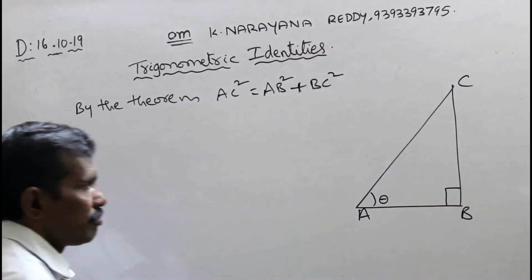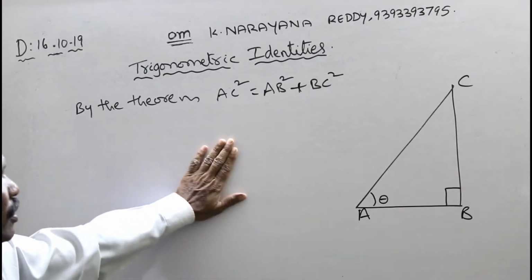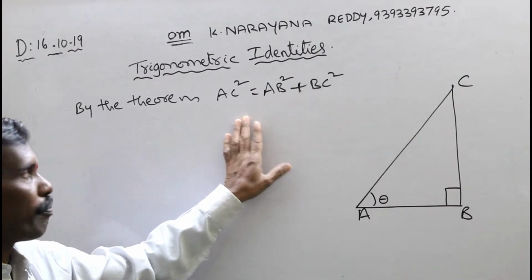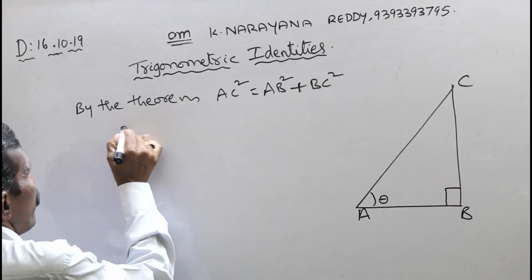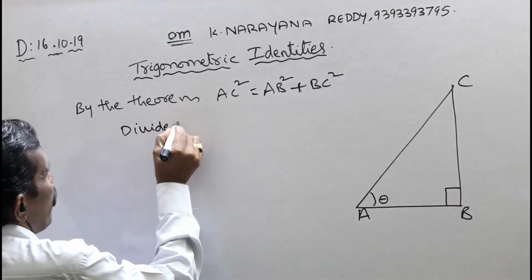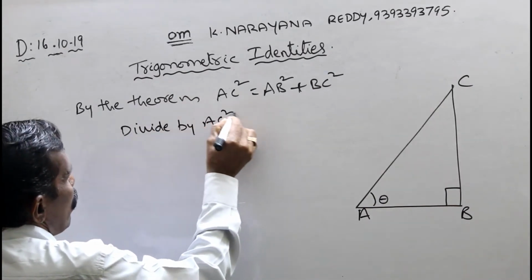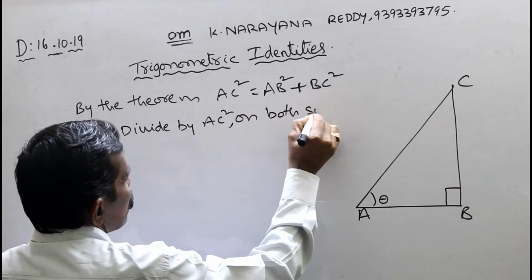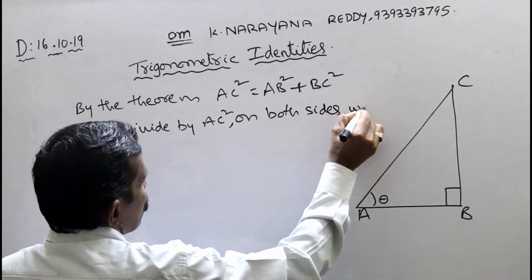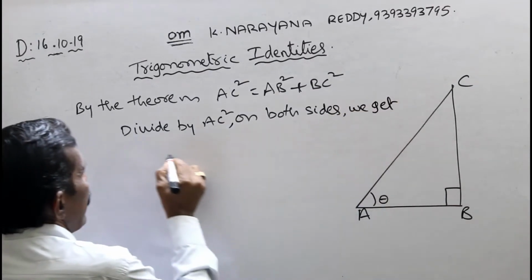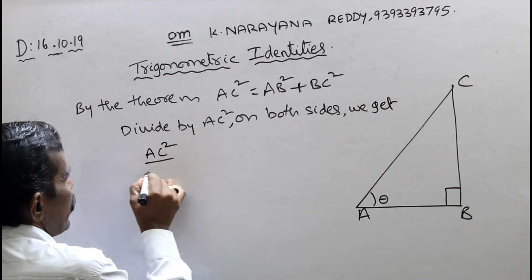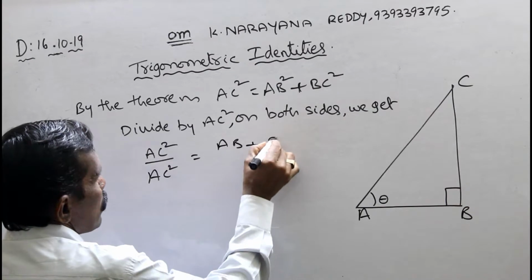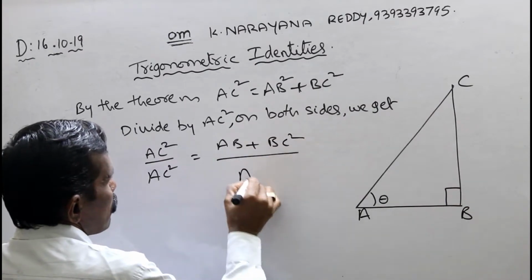Okay, good. But now you can divide both sides of the equation by AC square. You will get AC square divided by AC square equals AB square plus BC square by AC square.